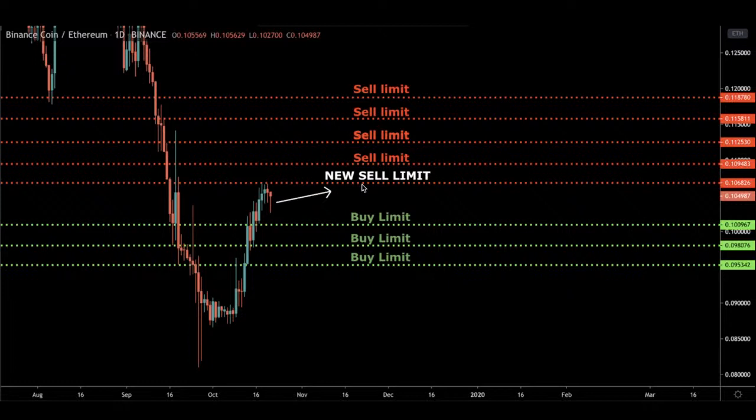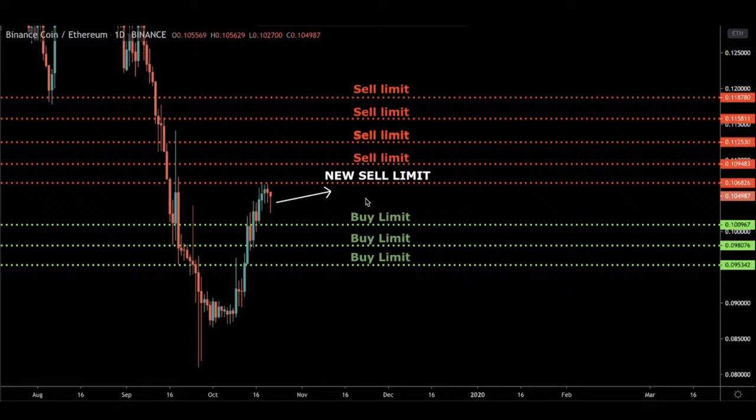So it's the mechanism of never-ending trading, basically. Each time the bot buys, it places a sell limit order, and each time the price triggers the sell limit order, it places a new buy limit order.